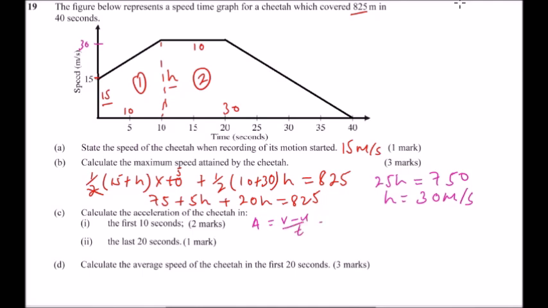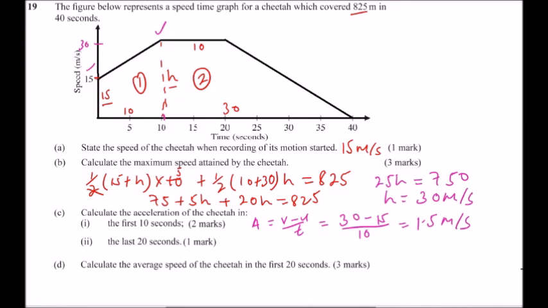Final velocity is 30 minus, that is for up to there, this is the first 10 seconds, minus 15, that is initial velocity, and you divide by 10, and you should be able to get 1.5 meters per second squared. Roman number 2, the last 20 seconds.